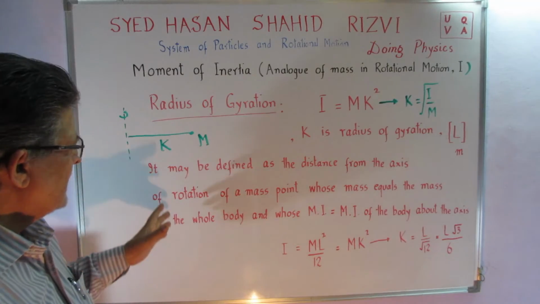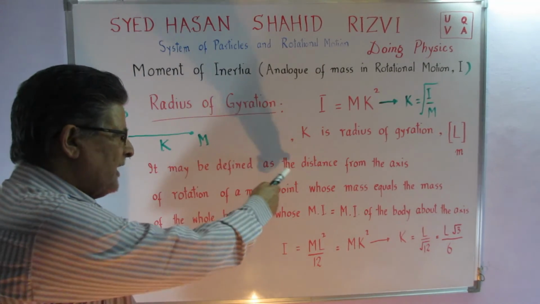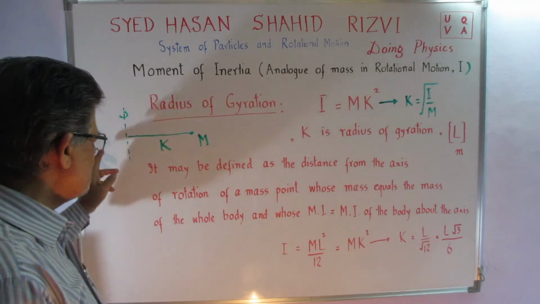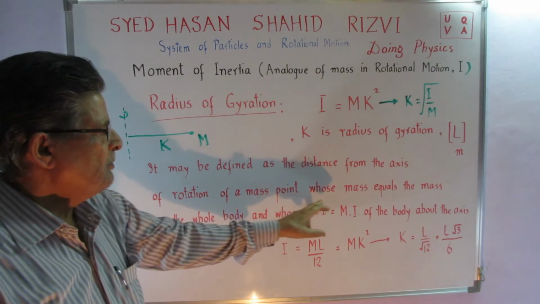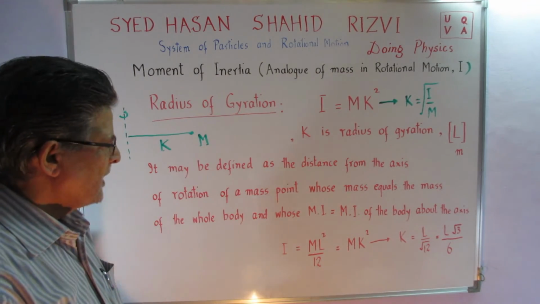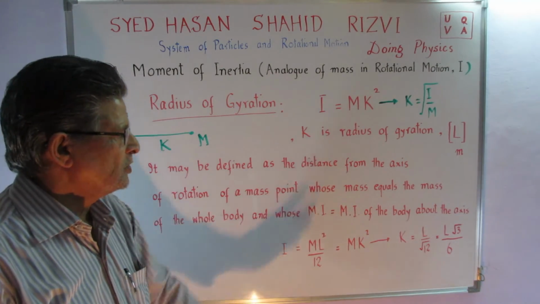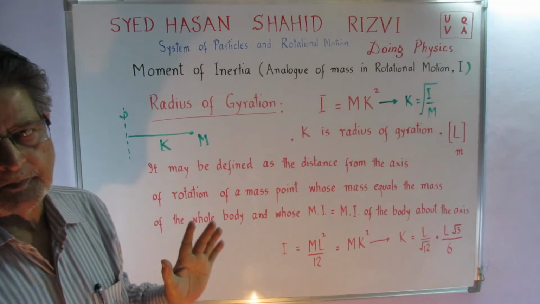Let me read again: it may be defined as the distance from the axis of rotation of a mass point whose mass equals the mass of the whole body, capital M, and whose moment of inertia is equal to the moment of inertia of the body about the defined axis of rotation.